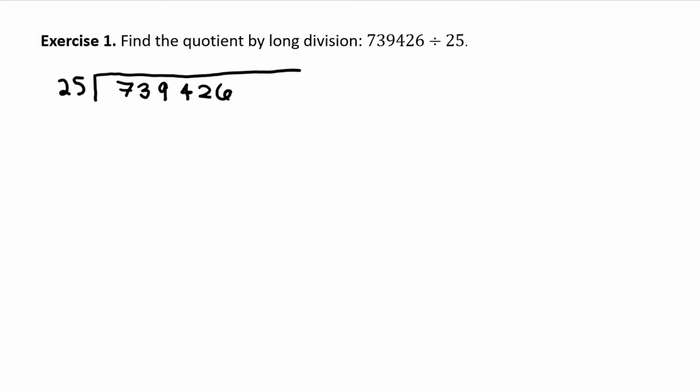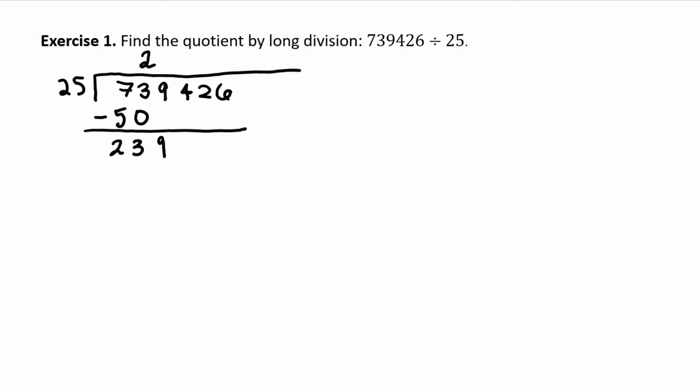So 25 times 2 is 50. We write 50, lining it up under the 73, and remember you subtract. So 73 minus 50 is 23, and we just drop down the 9. The next question is, what is the maximum number of times 25 will go into 239?